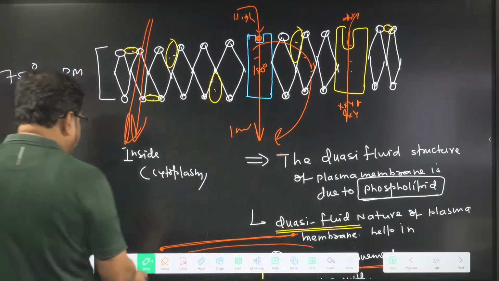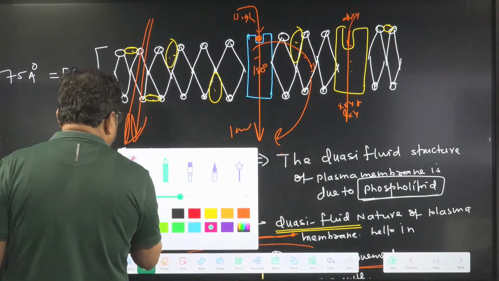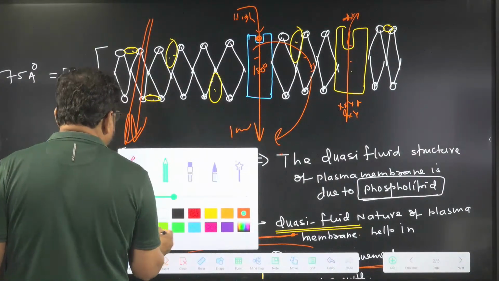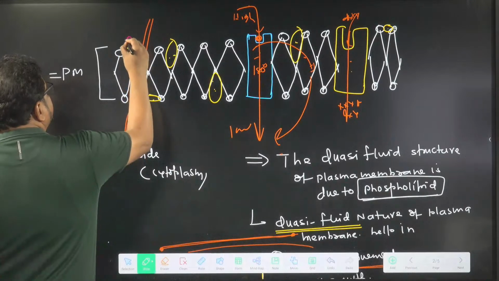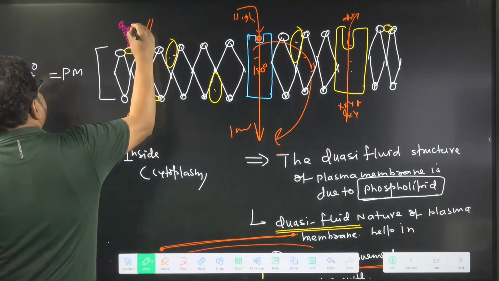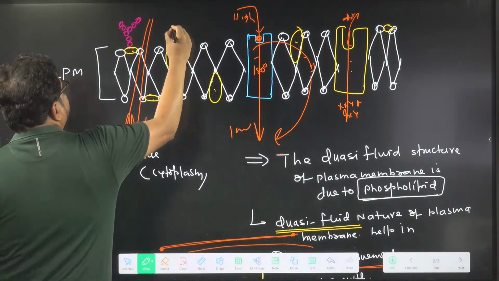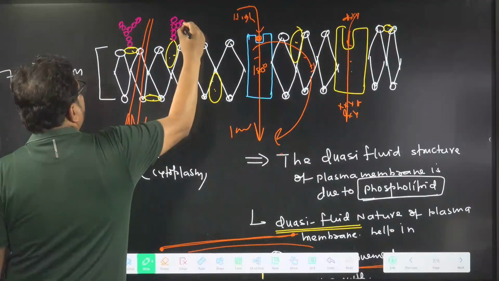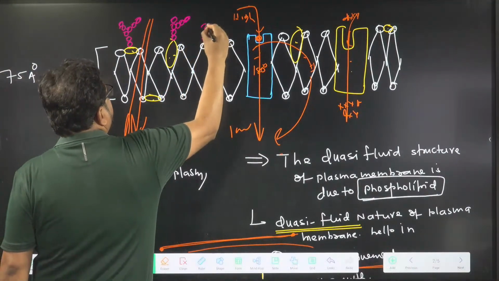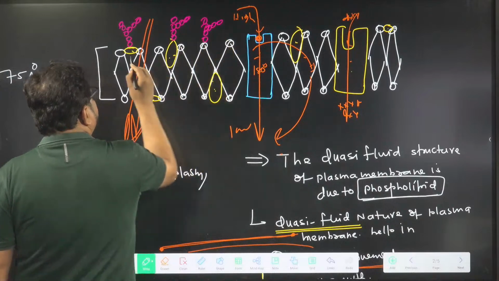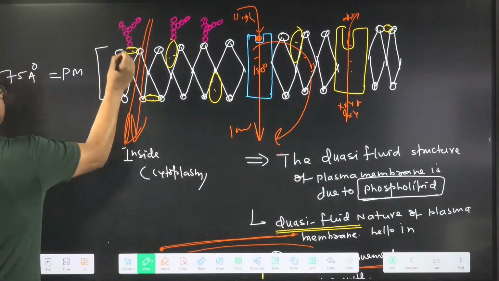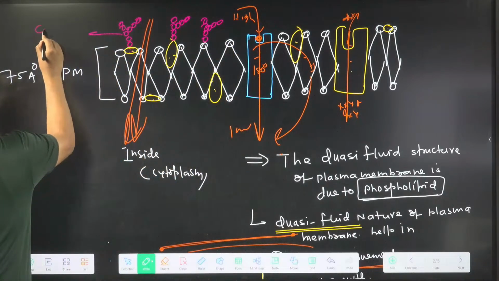And one more thing I am telling you: do you know where carbohydrate is present in the plasma membrane? Carbohydrate is present here. It is oligosaccharide present on the outer surface. When the carbohydrate is present with protein, it forms glycoprotein.